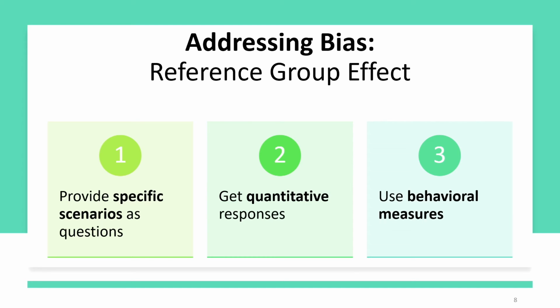So aside from using specific scenarios or quantitative responses, you might also use behavioral observations. You might observe someone just kind of hanging out day to day and mark down how many times they do a certain thing. So let's say it's about exercising. Instead of asking someone, do you feel like you exercise a lot?